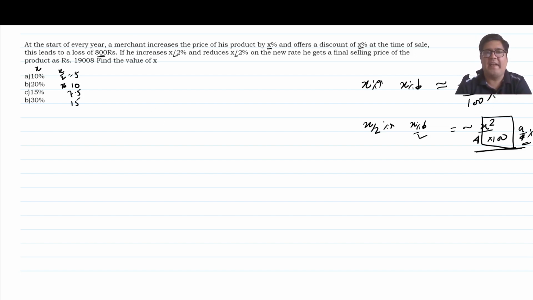Out of these values, which one seems easiest to work with? You're going to perform X square by 100 and X square by 400 as a calculation. So do you see this number 10? If X was equal to 10, X square upon 100 would be 1 percentage decline.